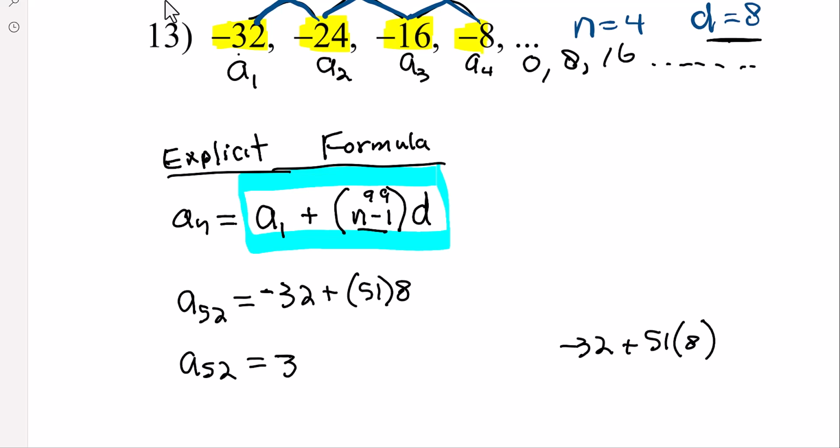If we were to keep going until we had 52 terms, we would be at 376. All right, that is how to find any n number of terms using the explicit formula.